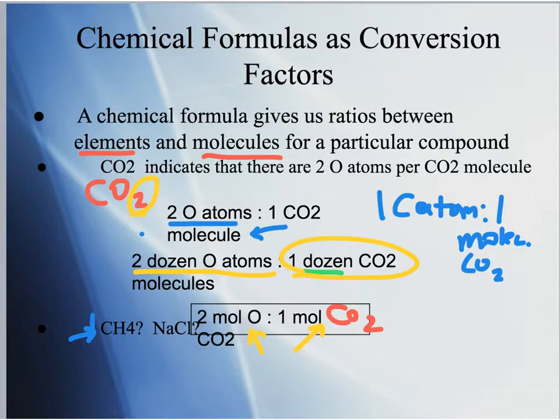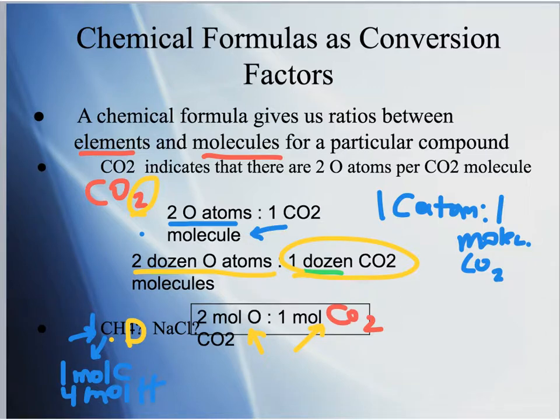In 1 molecule of CH4, we can say that there is 1 mole of carbon, and in 1 mole of CH4, we could say that there are 4 moles of hydrogen, just looking at our subscripts. There's a 4 here, and then there's none for carbon, so it's obviously a 1.